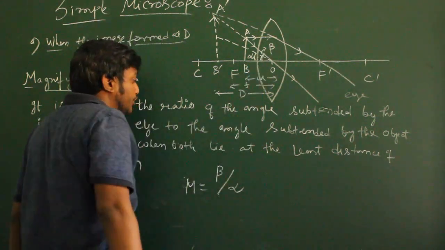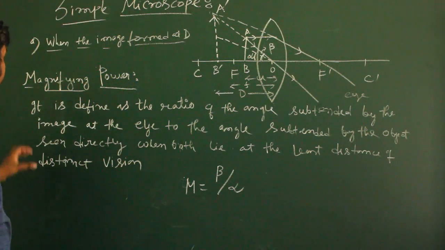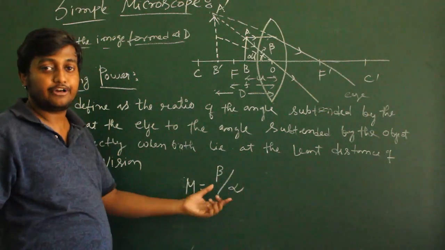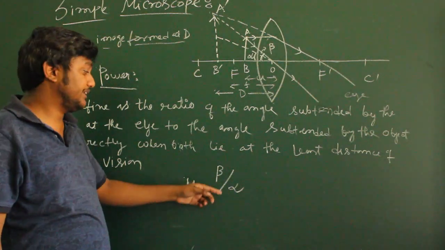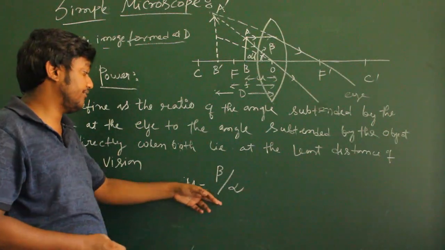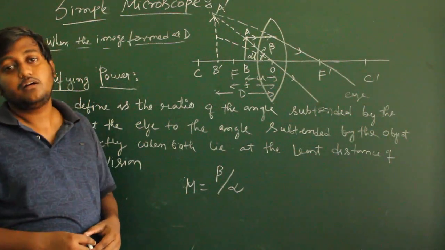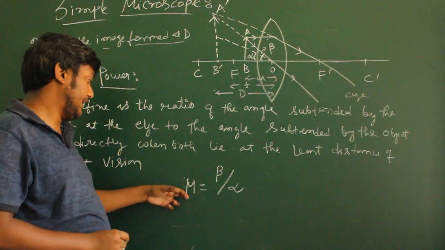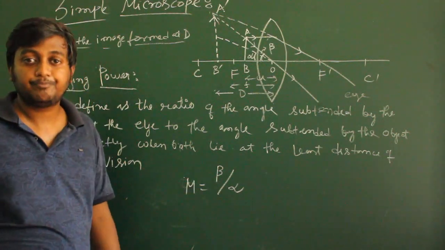So according to the definition, magnifying power M equals beta by alpha. What is beta? The angle subtended by the image at the eye. And what is alpha? The angle subtended by the object when you see the object directly.